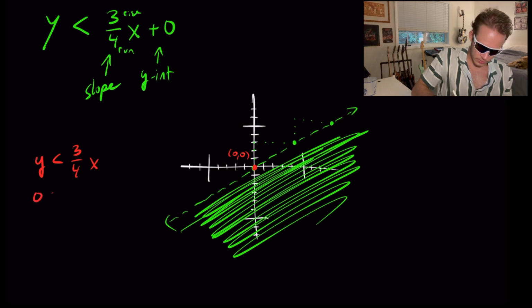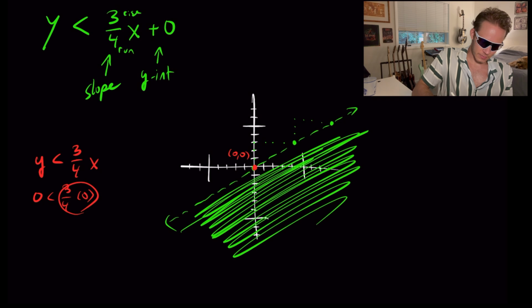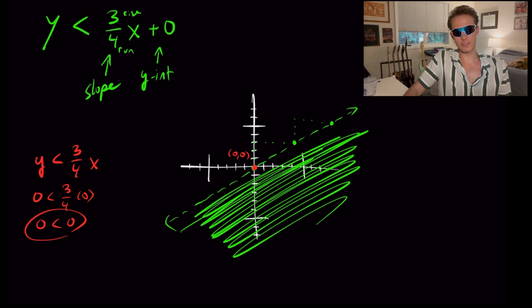So y is equal to 0. 0 is less than 3/4 times 0. 3/4 times 0 is just 0. Anything times 0 is 0. And we have this statement now, 0 is less than 0, which is not true. 0 is equal to 0, but 0 is not less than 0. So that's why we have that dashed line, and points along that line will not satisfy the linear inequality.